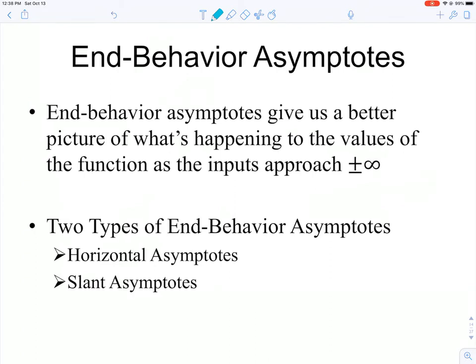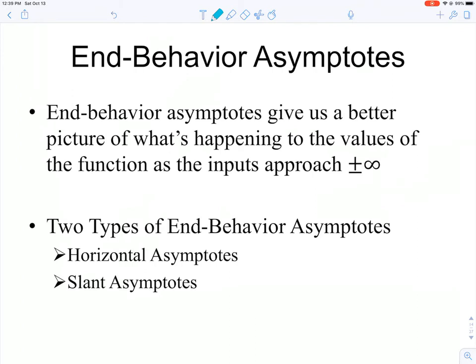And the end behavior asymptote would tell us how the function is approaching positive infinity as x approaches infinity. So it just gives us a better picture of the function's end behavior, like what's really happening to the y values as x approaches positive or negative infinity.